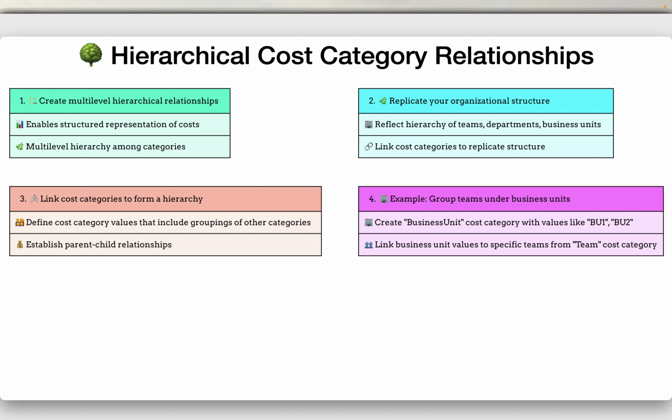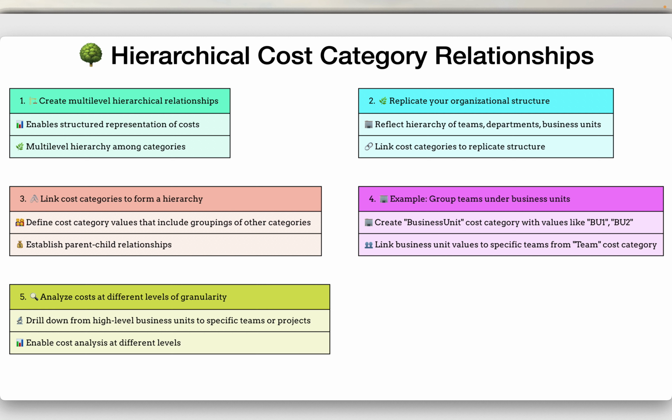So there are two cost categories, business unit and team; teams have a different set of values and business units have BU1, BU2, and you can link them using this hierarchical cost category feature.